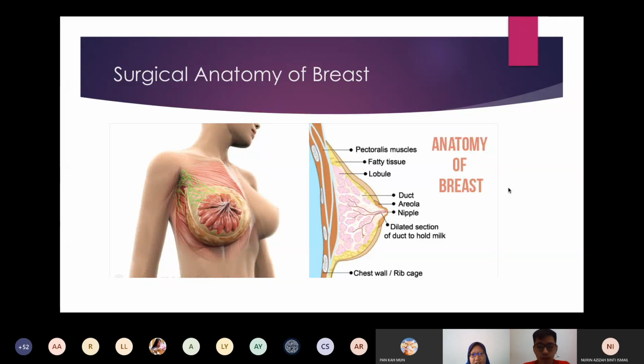Inferiorly is the sixth rib, is it? It's the inferior mammary border. When the breast develops, you can see the inframammary line. That is the line actually. Inframammary.